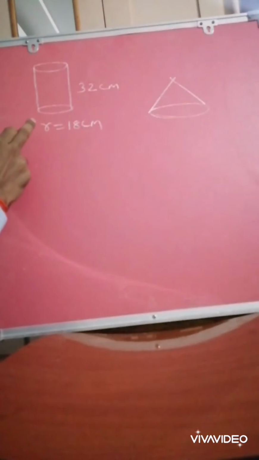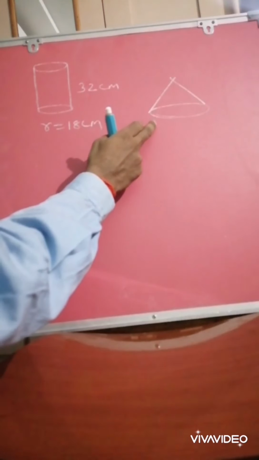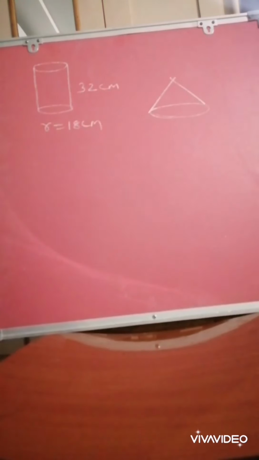The sand in the cylindrical bucket is emptied on the ground to make a conical heap.